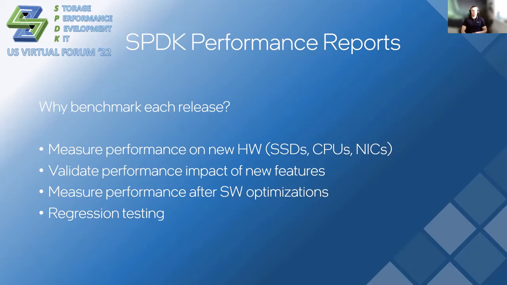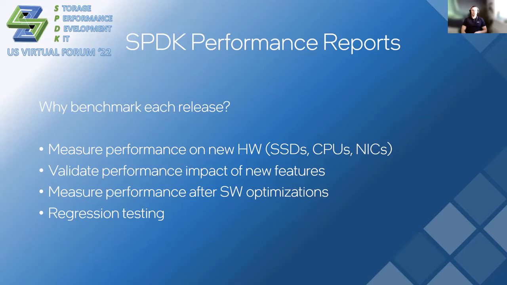And the answer is pretty obvious in case any hardware changes were done to the test systems that are used for the benchmarking process. We try to update our hardware configuration so that it does not over time become a bottleneck for the software we're testing. So every time we change it, we need to rerun the tests.